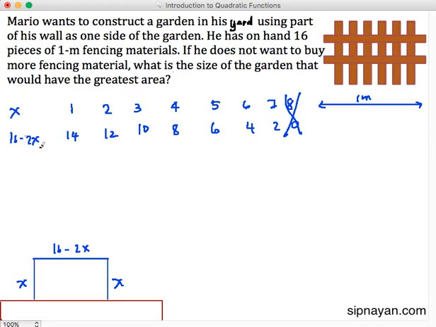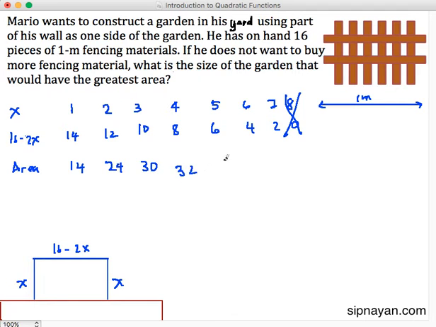Okay, so meron na tayong dalawang sides. Ang kailangan natin ngayon ay area. So, area is of course just the product of these two, di ba? The product of this and this, the length and the width. So, here we have 1 times 14. We have 14. This is 24. This is 30.